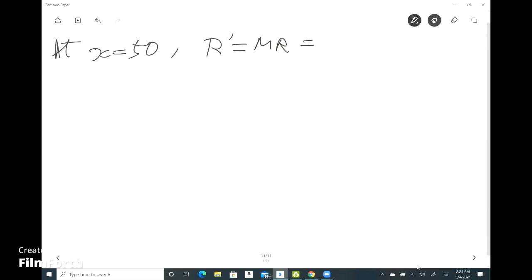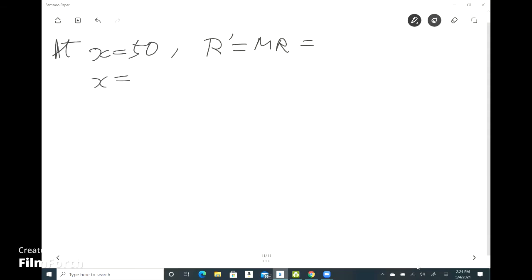Can you get me the marginal revenue at x equal to 50? $10.02. 10.02? Okay, 10.02. Close to 10.2. Okay, try another one.